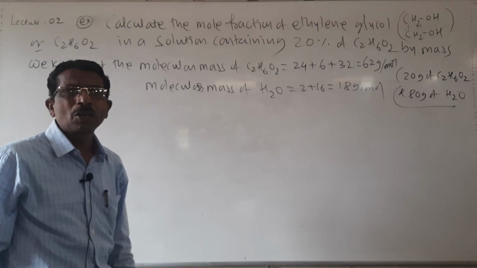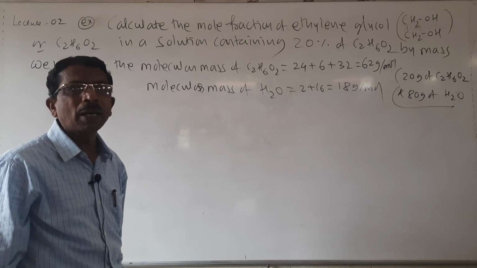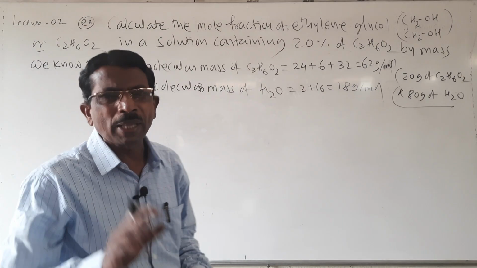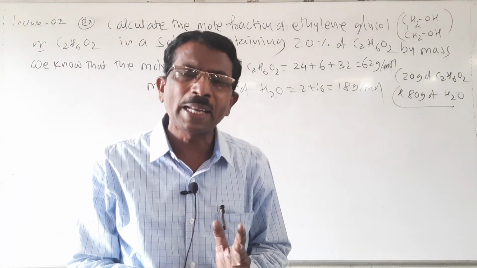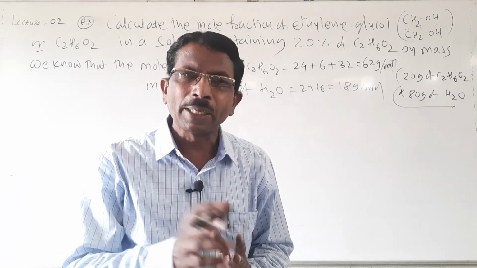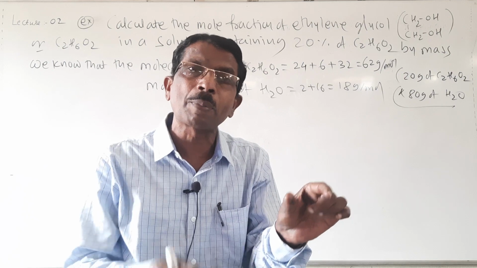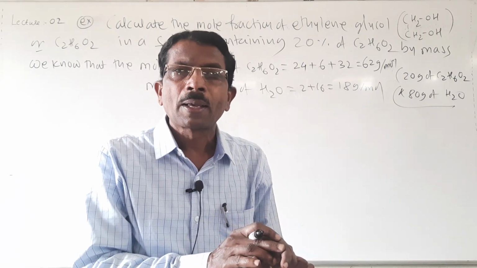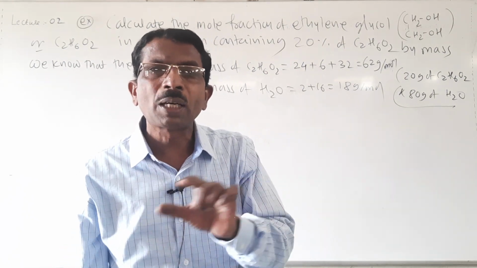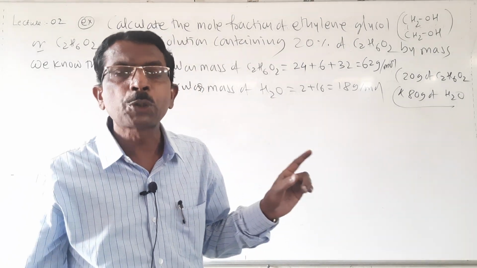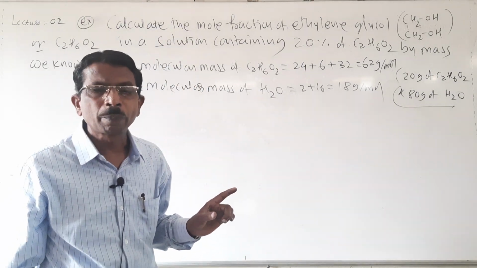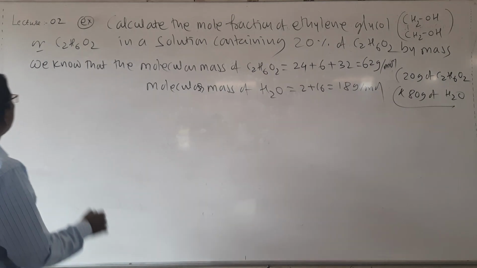Then here, first we have to find the number of moles, because we know that mole fraction is defined as the ratio of the number of moles of one component to the total number of moles of all the components. So first we have to find the number of moles.